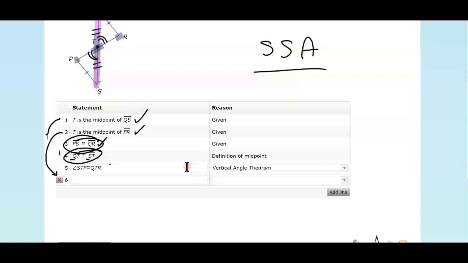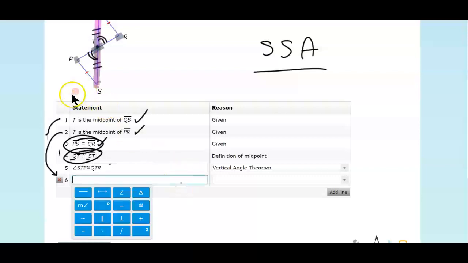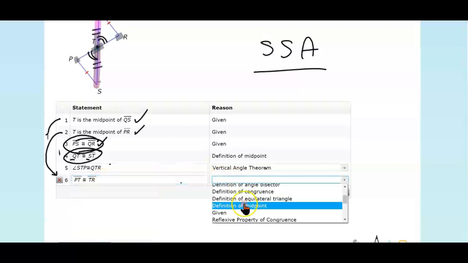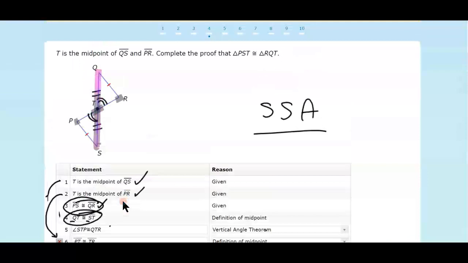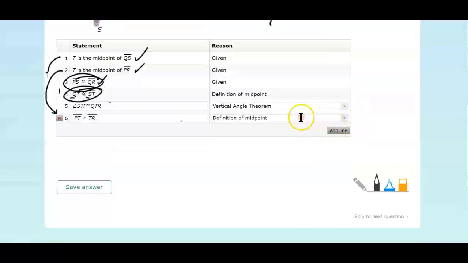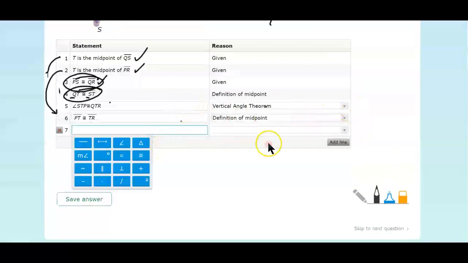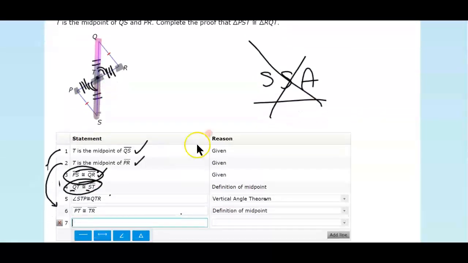We will have to find segment PT congruent to segment TR because definition of midpoint, which allows us to use side, side, side. So now our triangles are congruent.